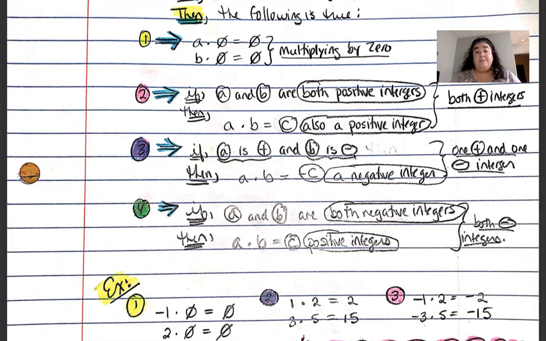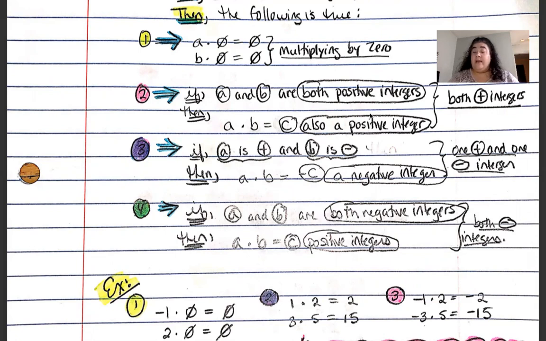So when multiplying a positive integer by a negative integer, their product, c, will be a negative integer. Okay, so that is the rule of what happens when one integer is positive and one is negative. So far, just as a quick recap, we have discussed what happens when we multiply by 0, and that has stayed the same as when we multiply with whole numbers.